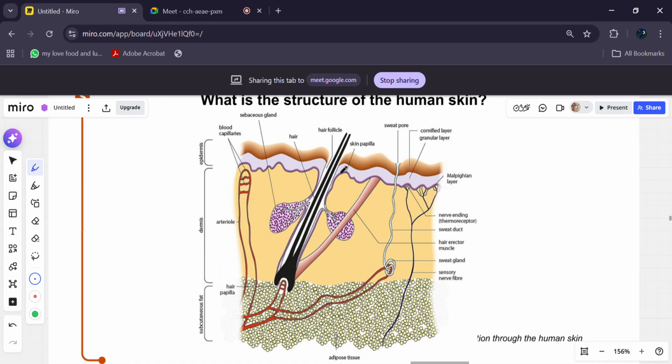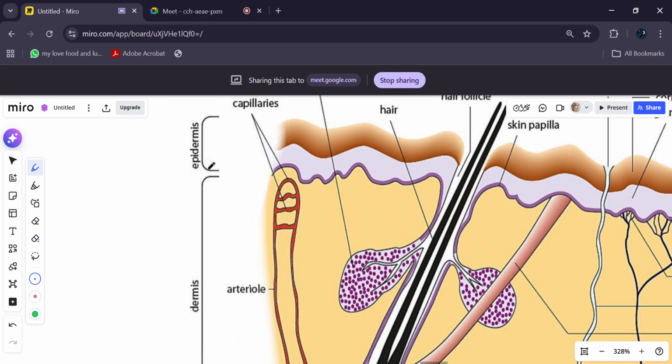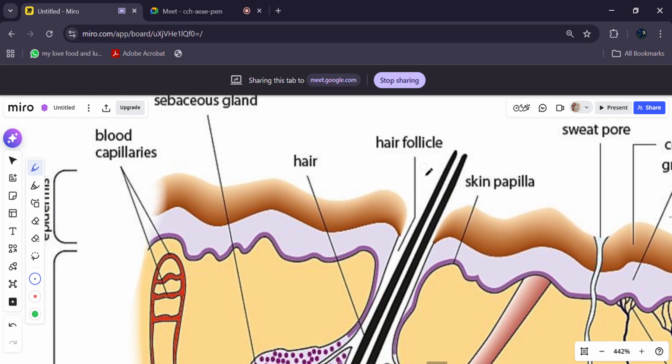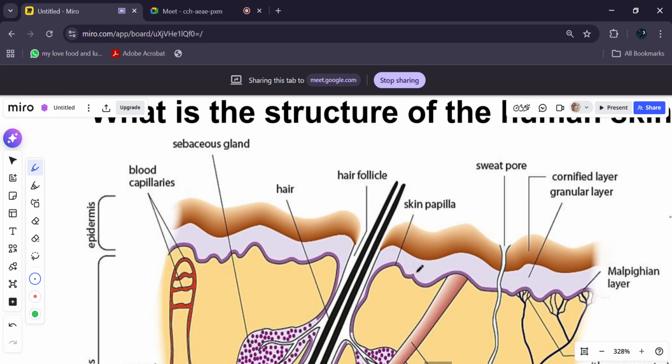It shows the skin is composed of two parts, an outer part called the epidermis and the inner thick part known as the dermis. Here, as you can see, it contains the skin papilla, the sweat pores, and the granular layer. The upper part of our skin is called the epidermis.